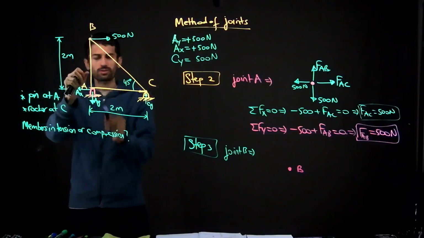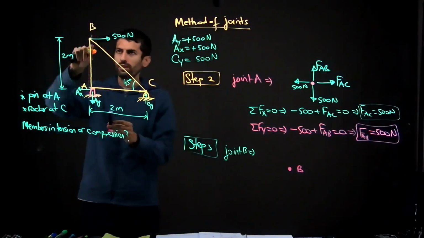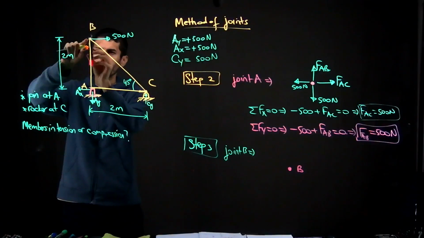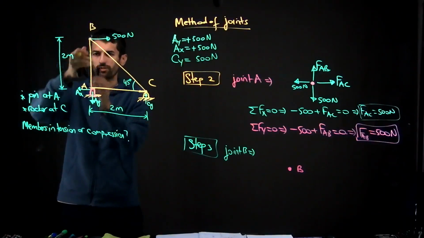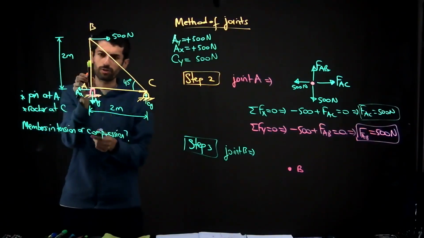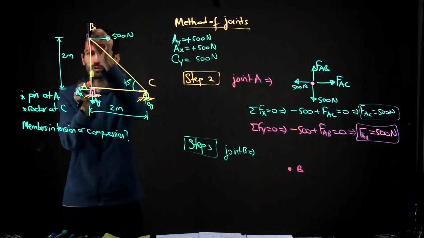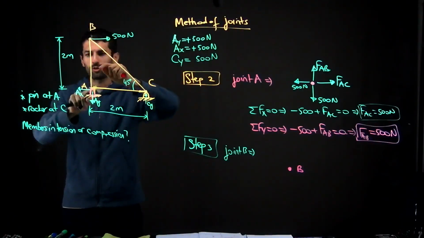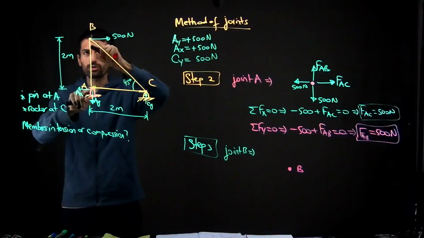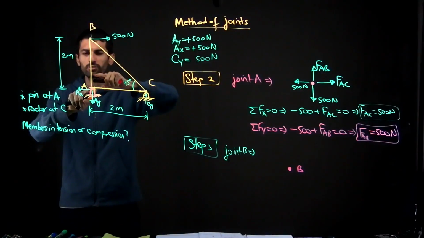So by Newton's third law, the force at B should be equal and opposite. So if this is that way, the other one should be this way. There should be equal and opposite force on member AB so that the AB member is in equilibrium.